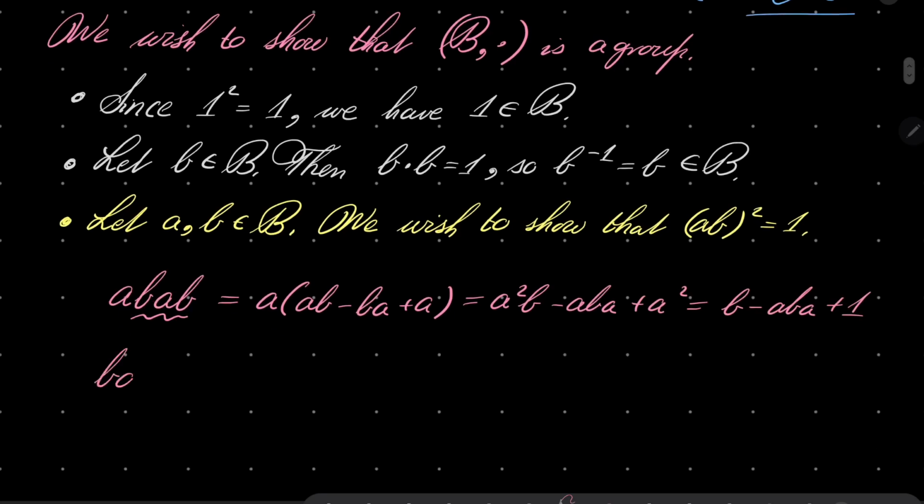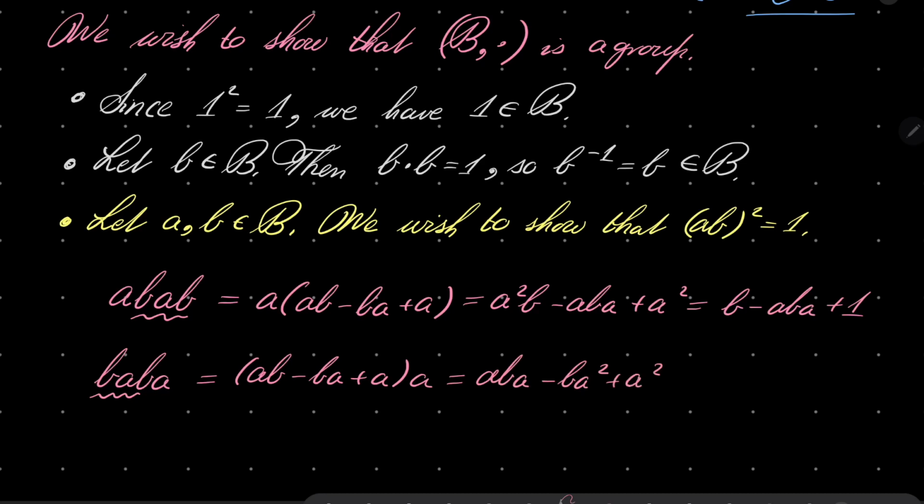And now let's compute BABA. Notice that here we have BAB, so it can be replaced once again by part A by this expression, AB minus BA plus A, multiplied by A. So it's ABA minus BA squared plus A squared. And what is it? Well, it's ABA minus B plus 1.